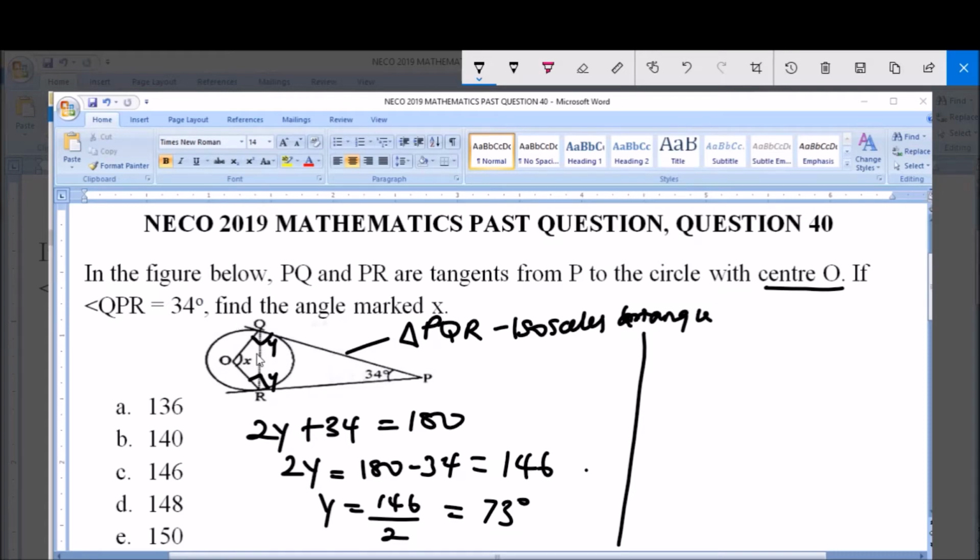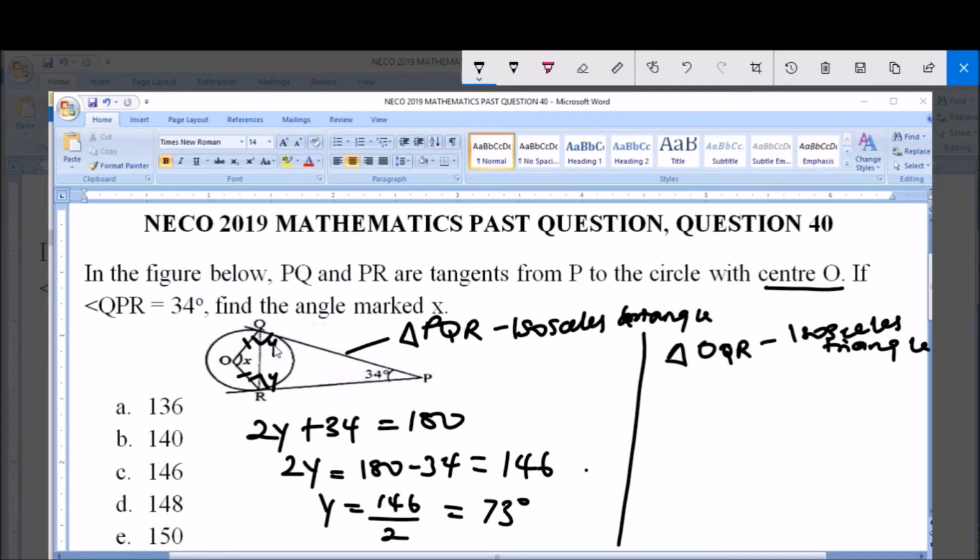So now looking at this triangle again, triangle OQR, you notice that it is also an isosceles triangle, because this is a radius and this is also a radius, and so both sides are equal. So triangle OQR is also an isosceles triangle, and because of that, its base angles will also be equal.